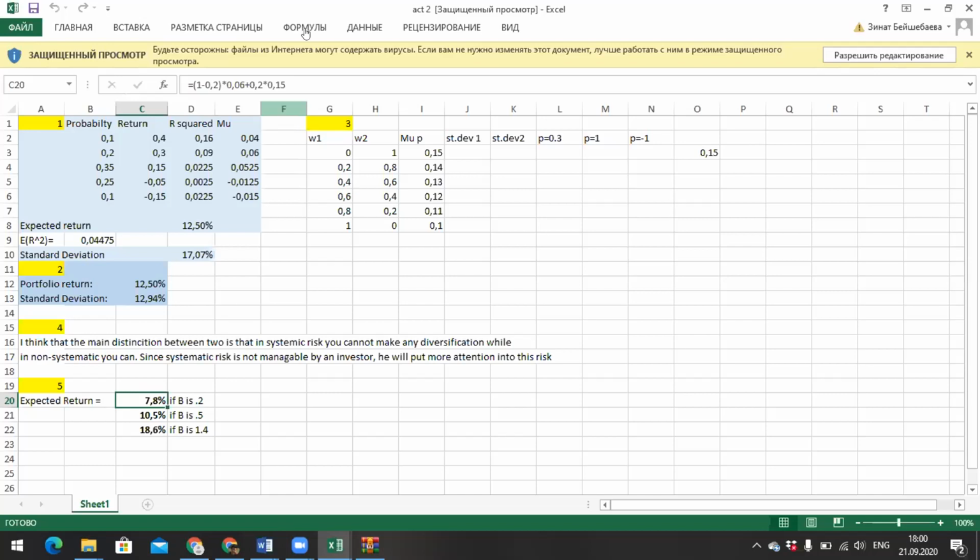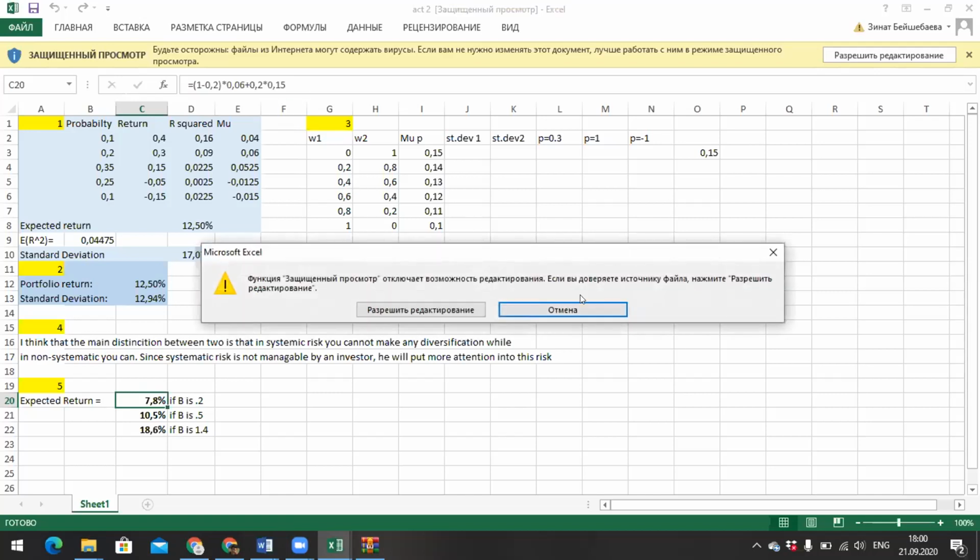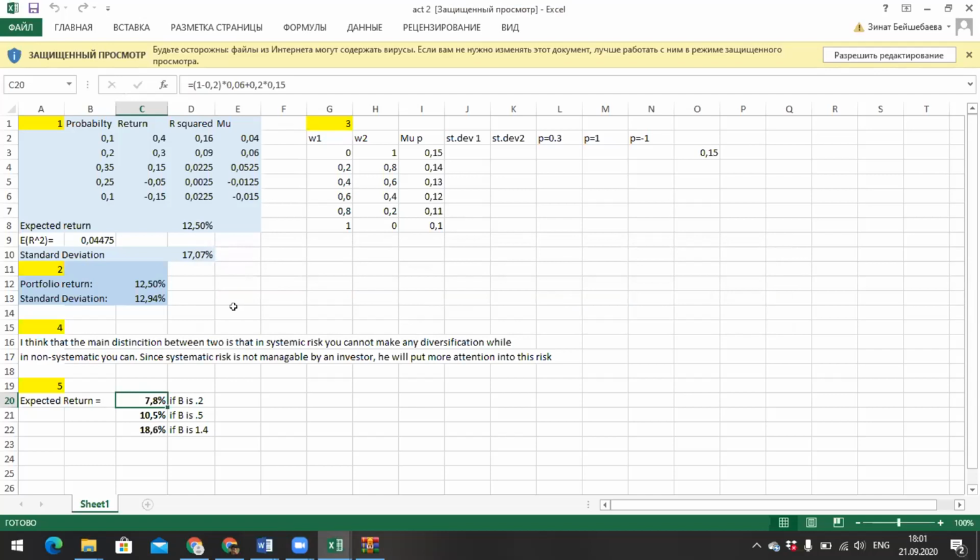I see it. So this is my formula. Let's simply put the variables into the formula. Which formula? The one that was on the slide. I don't remember the formula, but there was a formula which calculates the expected return.